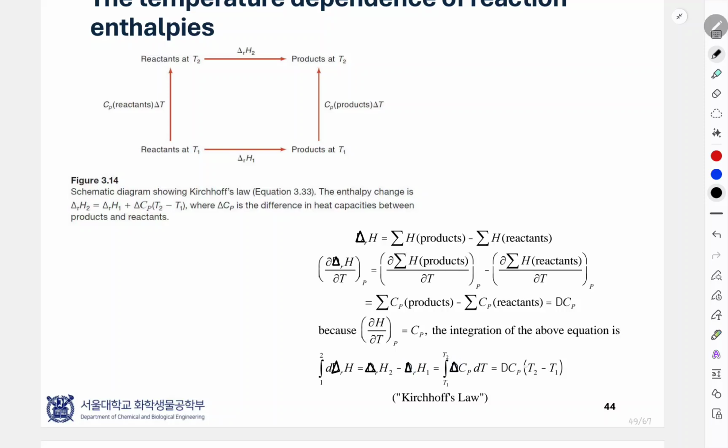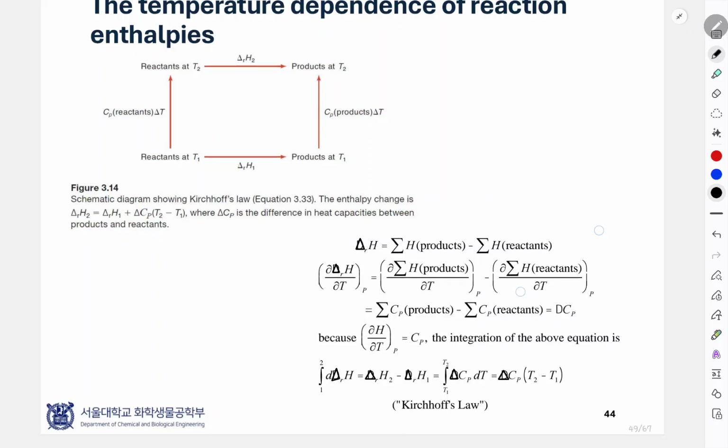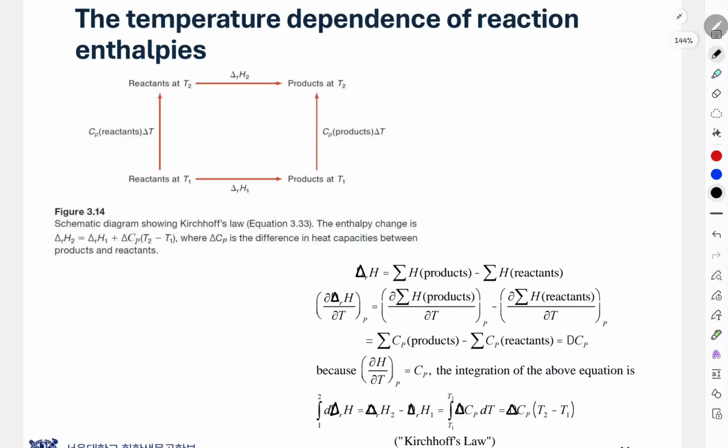To calculate this, we divide this reaction into 3 steps. This standard reaction enthalpy at T2 is equal to the sum of these three steps. So let's see one by one.